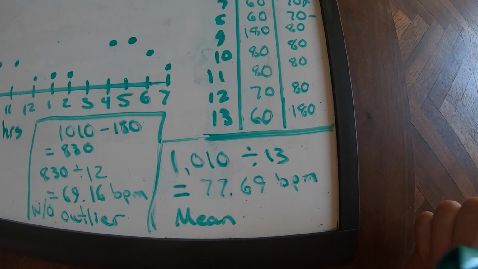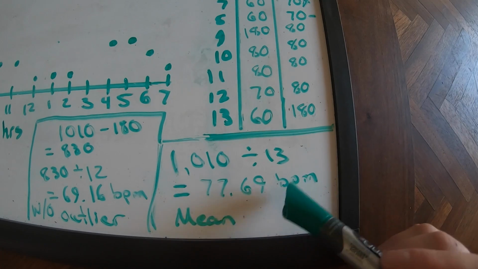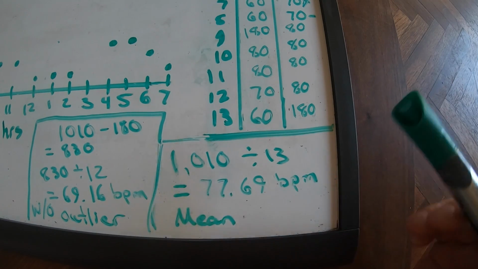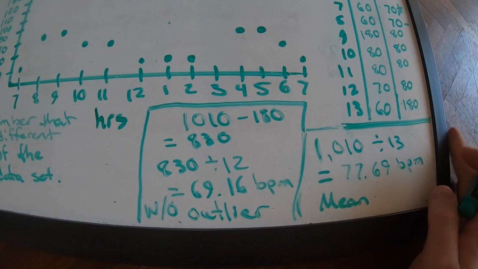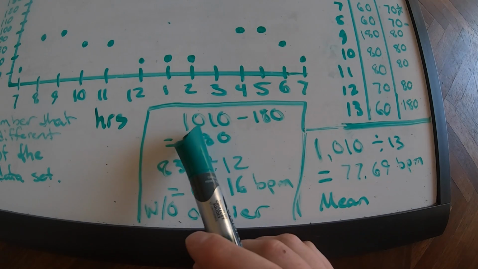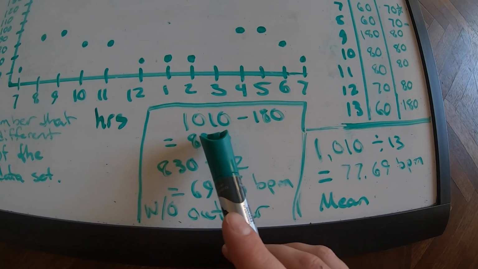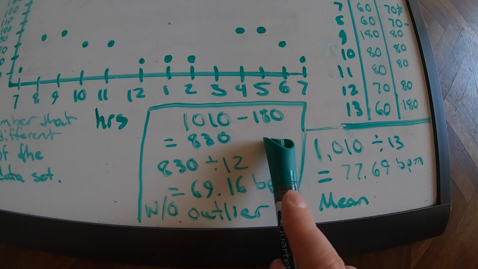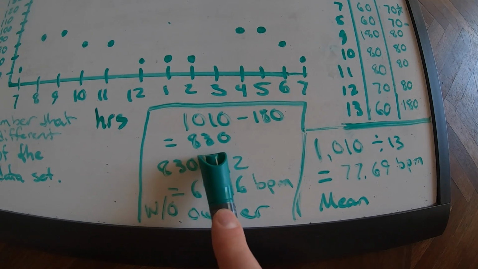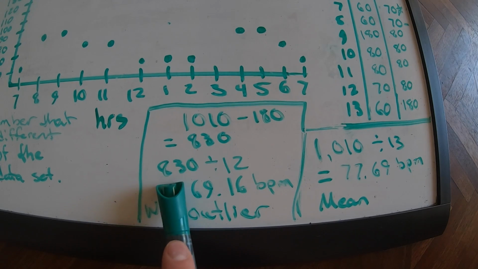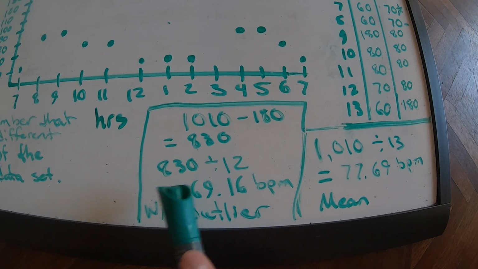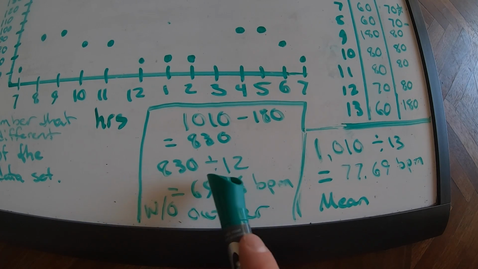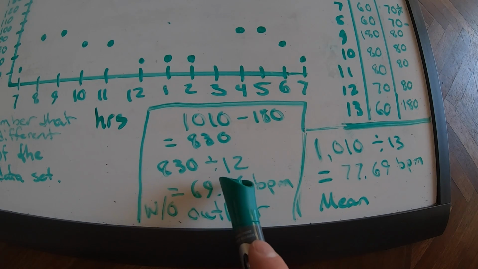But we're going to have a look and see how our outlier impacts our mean. Over here, I've taken 1010 and subtracted our outlier, so I've gotten rid of the 180, so that equals 830. So I'm going to take 830 divided by 12 because I've taken away one piece of data, so now I have a total of 12.